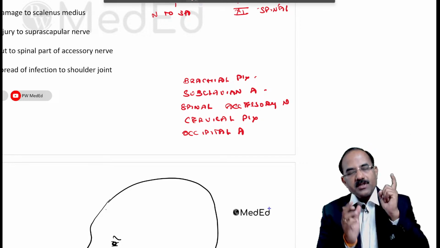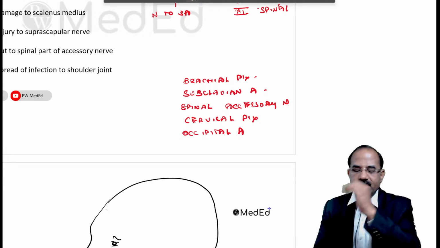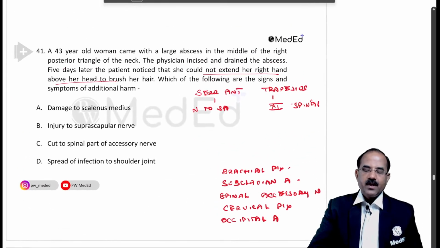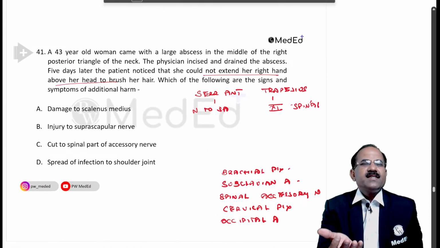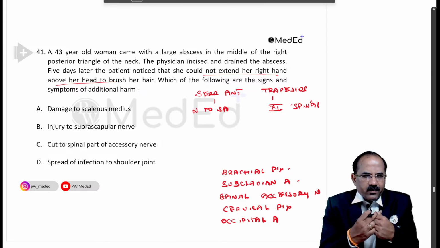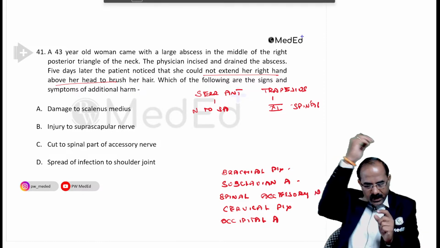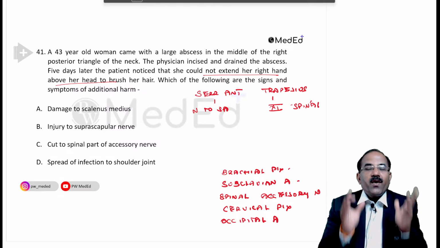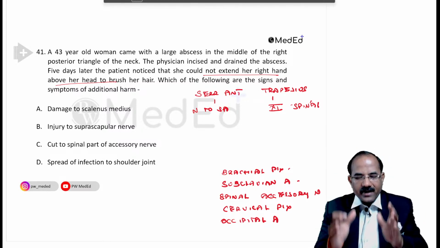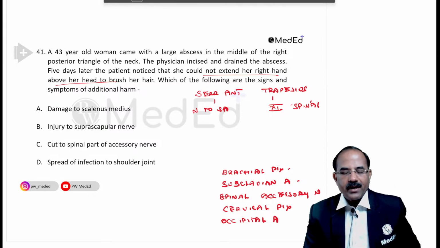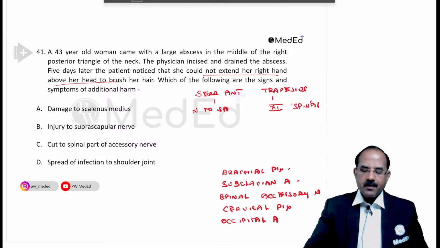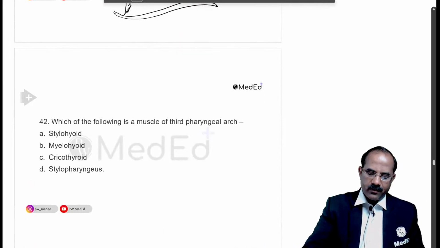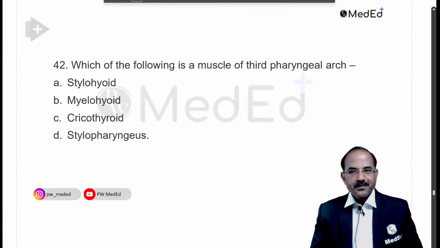Damage to the spinal accessory nerve in the posterior triangle of the neck would lead to difficulty in shrugging of shoulders, number 1. Difficulty in overhead abduction, number 2. And third is winging of scapula at rest. Okay? So just remember all this. This is very important.